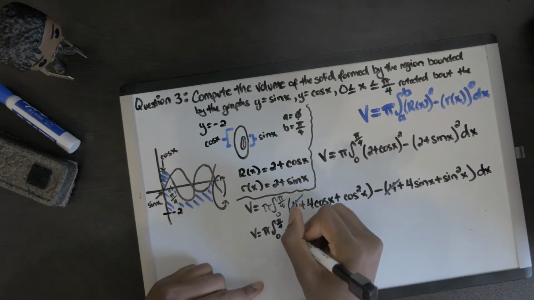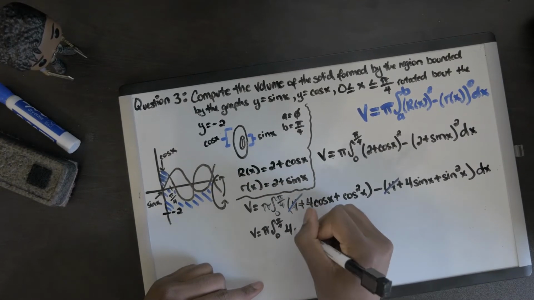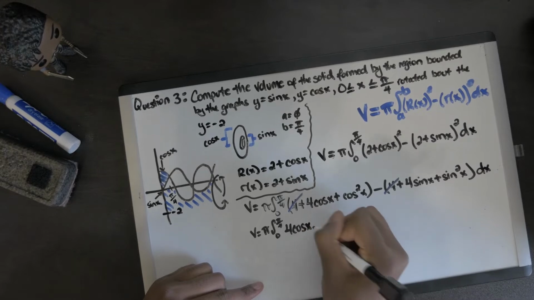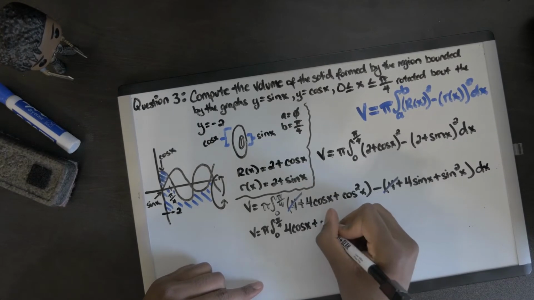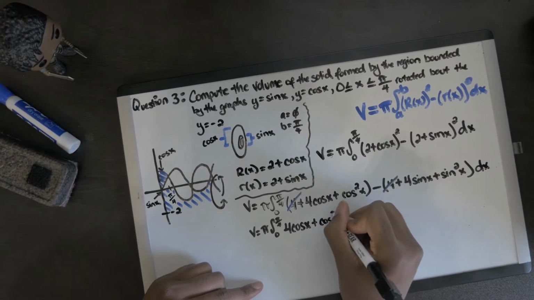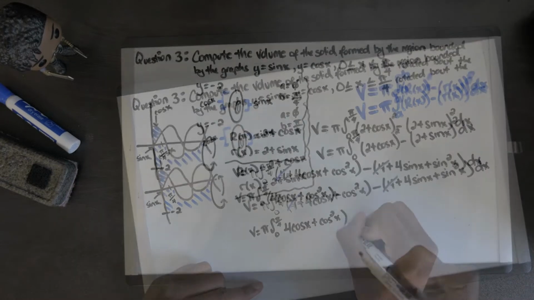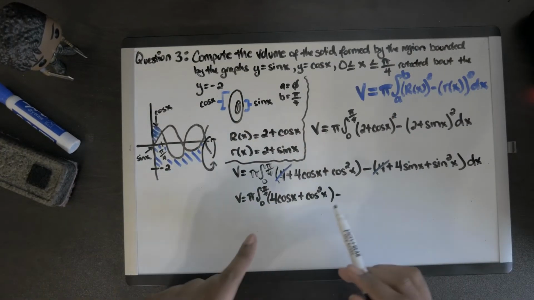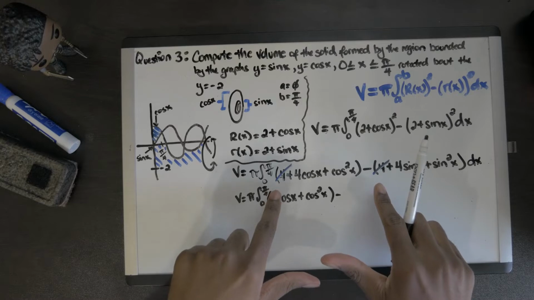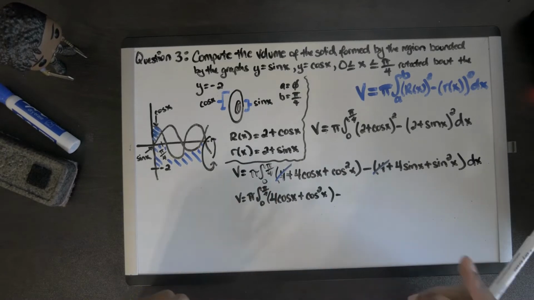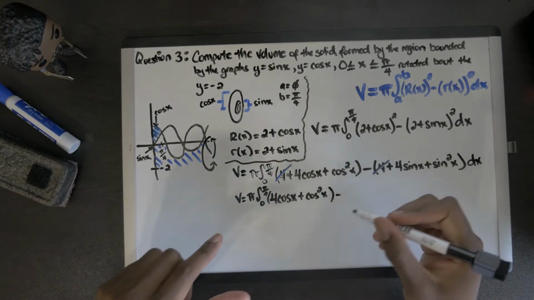But again, what we're now going to have is 4 cosine x plus cosine squared x. Again, where I left off is we canceled out the 4s. So now we're going to rewrite the equation as such.